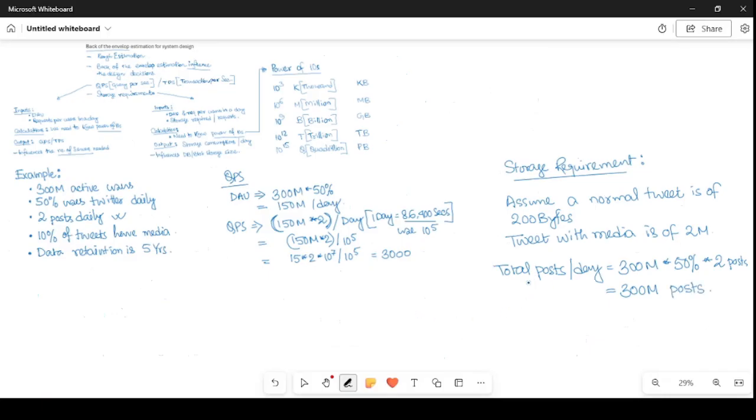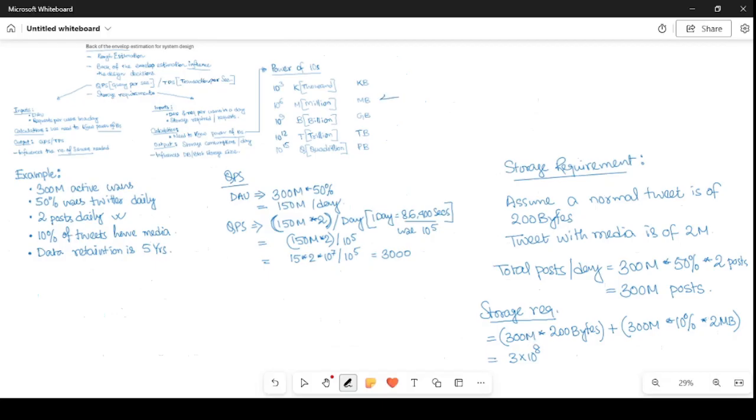Let's calculate the size or storage requirement of these total posts. As we know, 10% of tweets have media. So it will be 300 million, each tweet will have 200 bytes for sure, plus 10% of 300 million posts has media attached with it, so they will take 2 MBs extra. 300 million is nothing but 3 into 10 to the power 8. 1 million means 10 to the power 6.